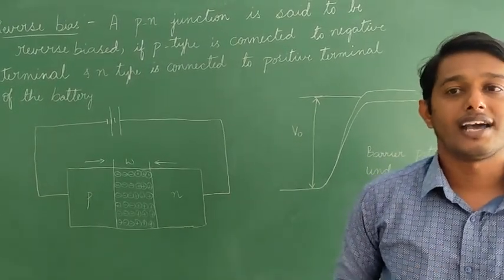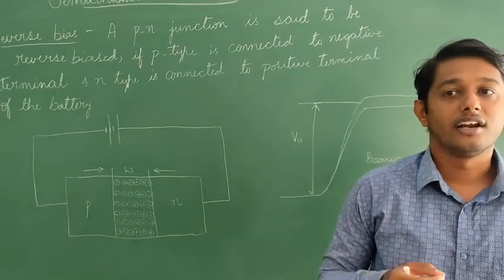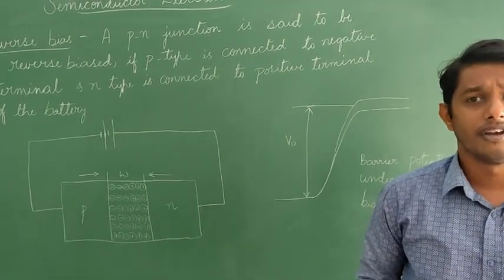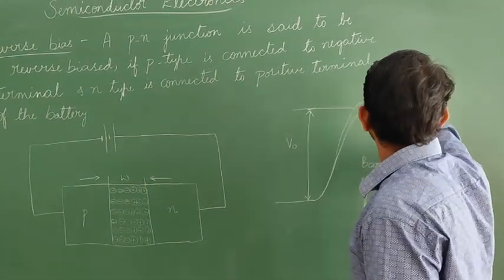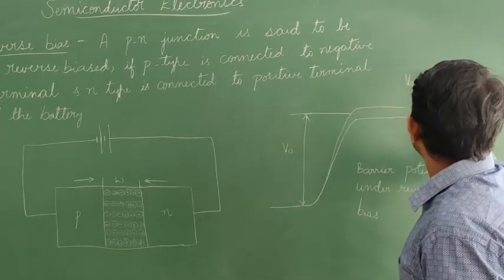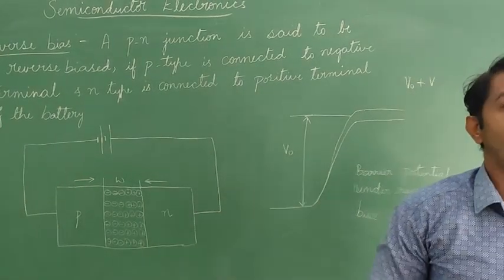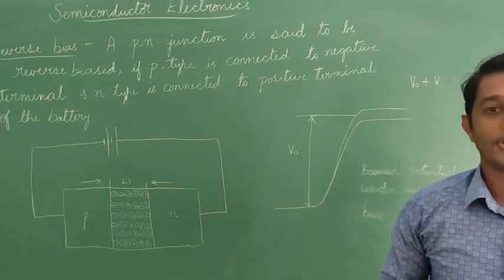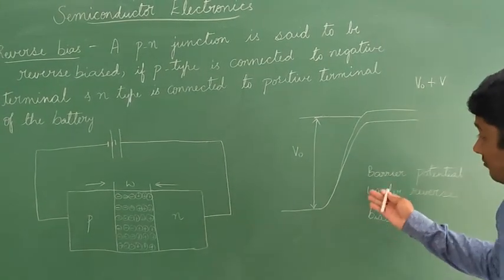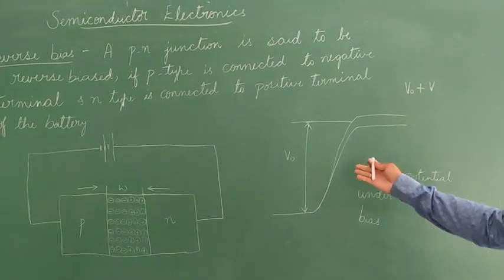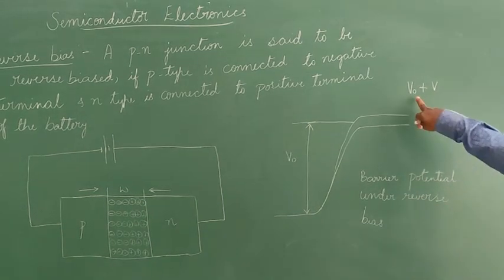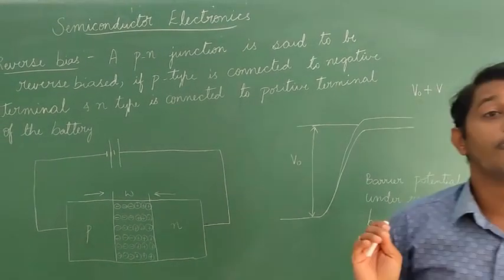The effective barrier height under reverse bias is V0 plus V, as shown in the figure.